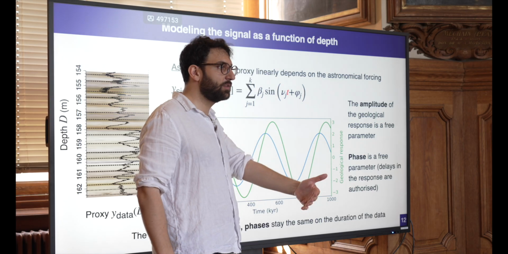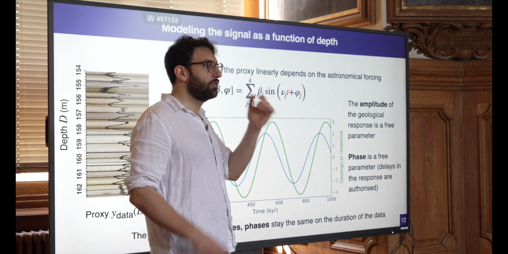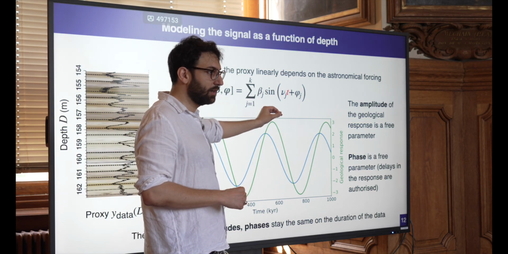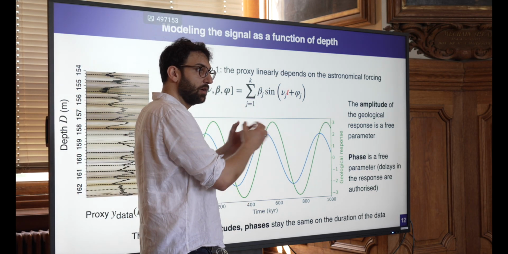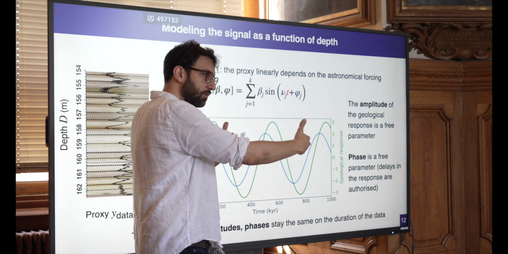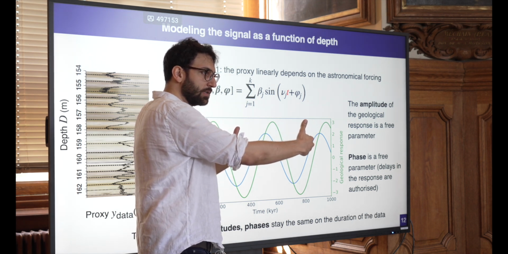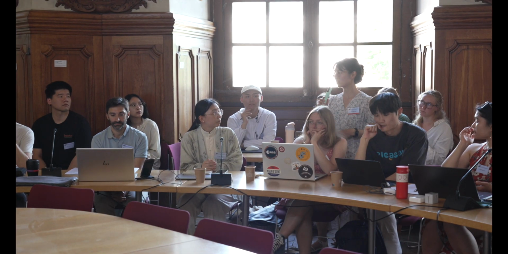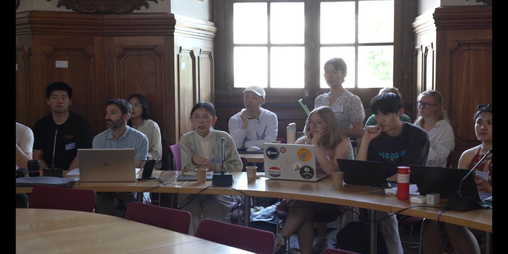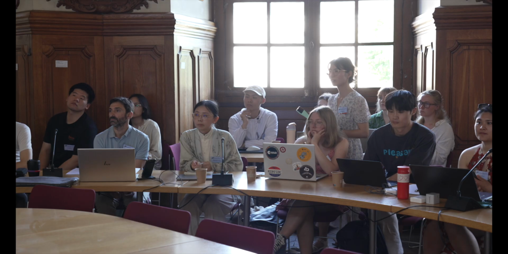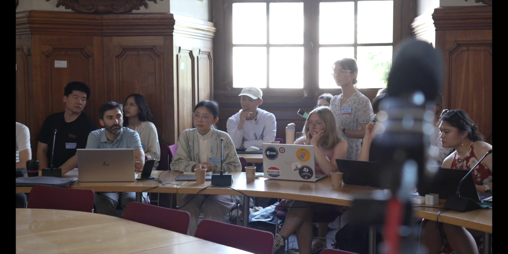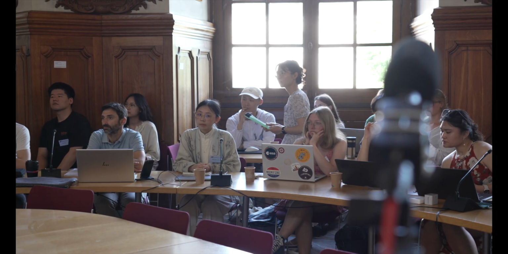So the fit retrieves the phase, but it will assume that for one component of the astronomical signal, the phase stays the same for the whole data set. In the output data file, you will see the phase. Yes. So it will be output. I mean, all the parameters of the model, all these parameters are retrieved by the fit. It's not like some of them are fixed and some of them are free.